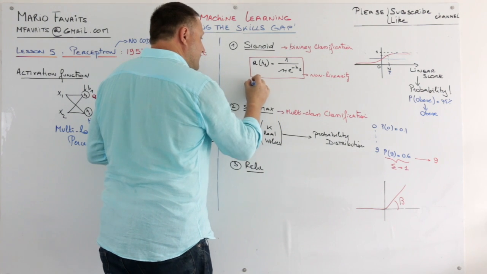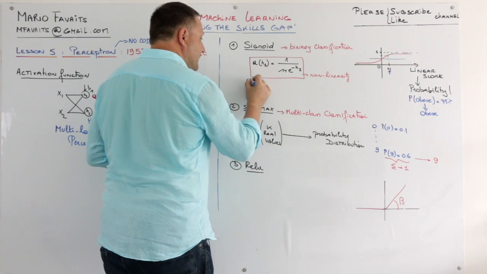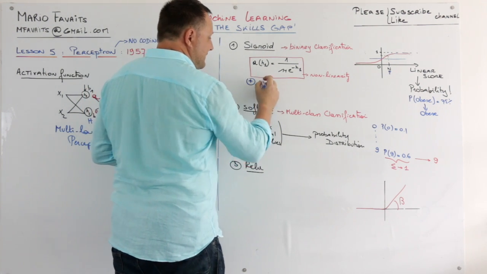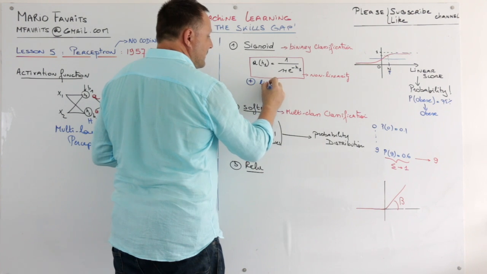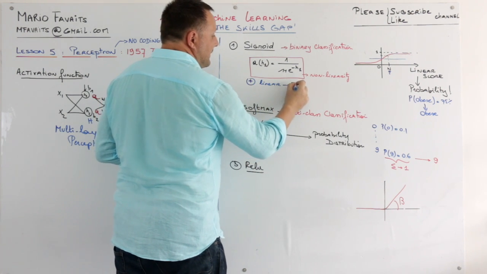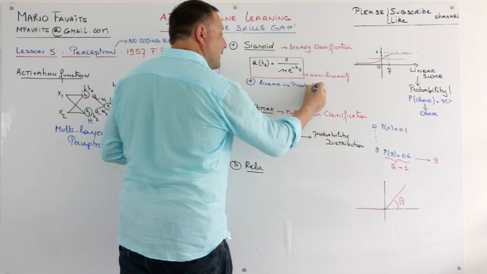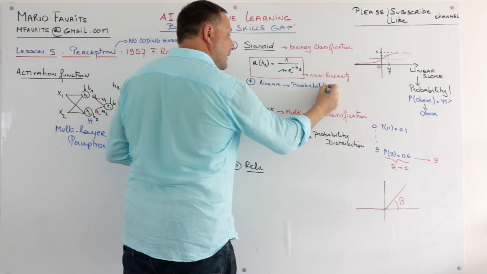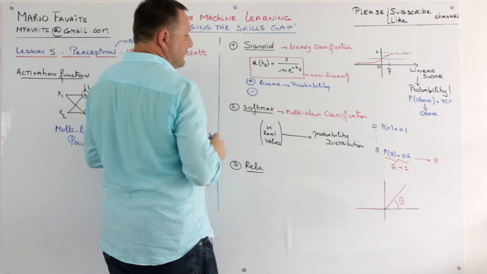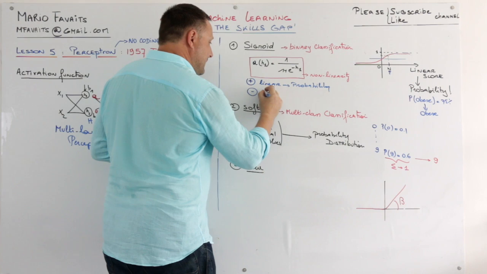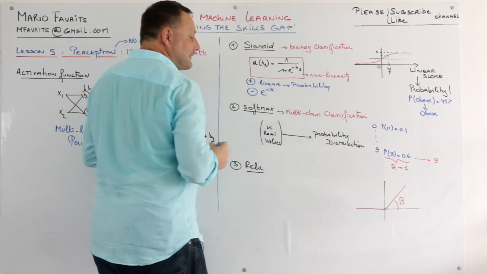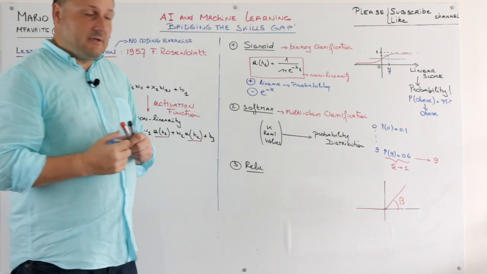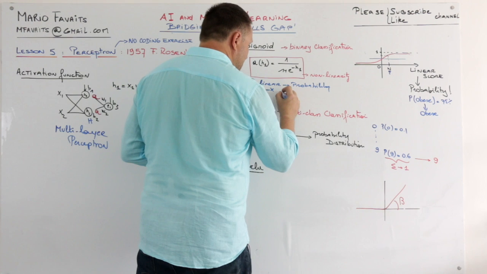What are the good things about the Sigmoid? The good thing is that it converts linear to probability. What are some of the negatives? The negative is that e to the minus x is not cheap in terms of computational power.